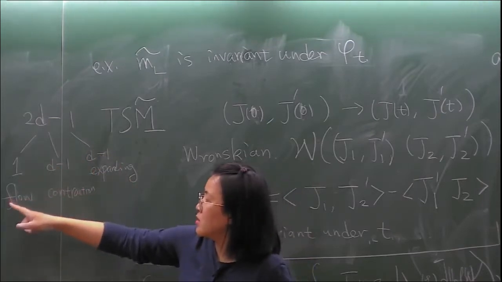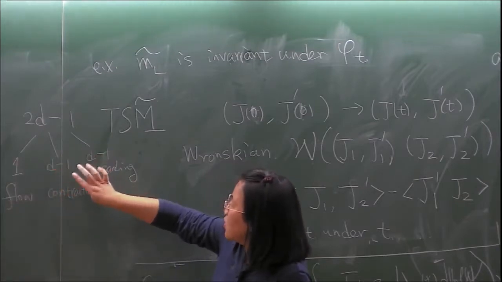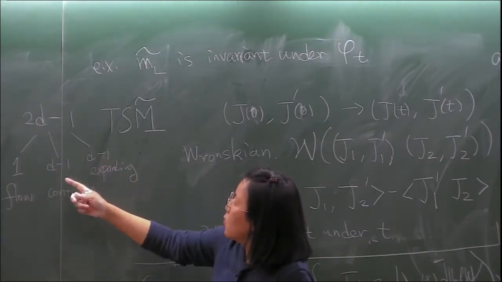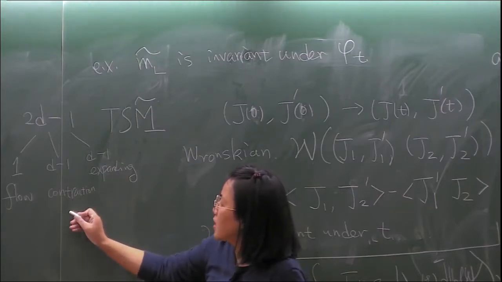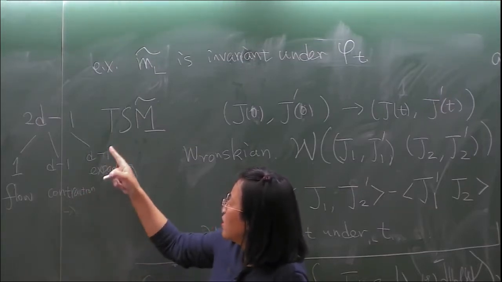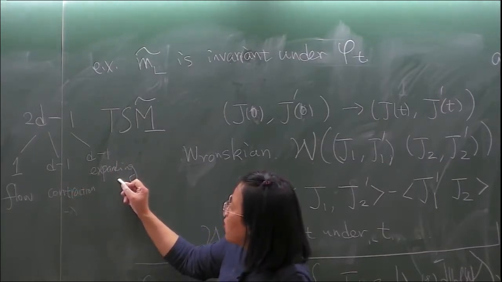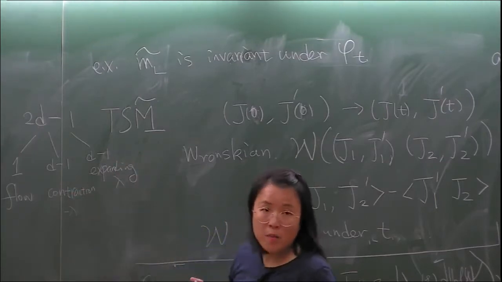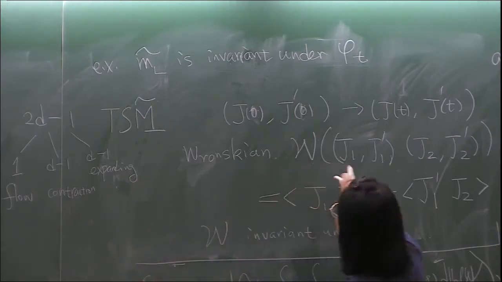So one direction is the flow direction, no change, already know. And the other two directions, you have the contraction ratio, say, minus lambda. Actually you will pair it with the one with expanding ratio lambda. So you pair them using this Wronski.